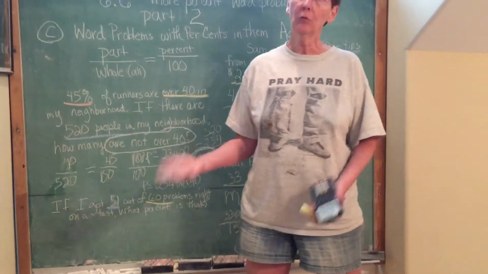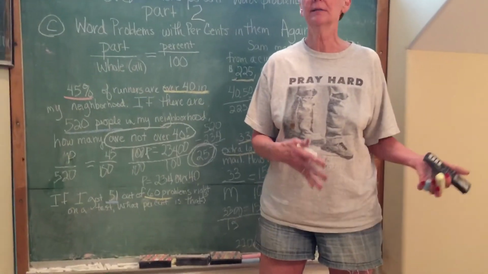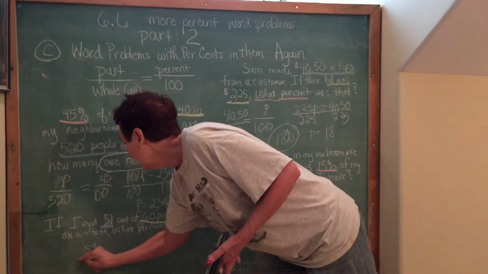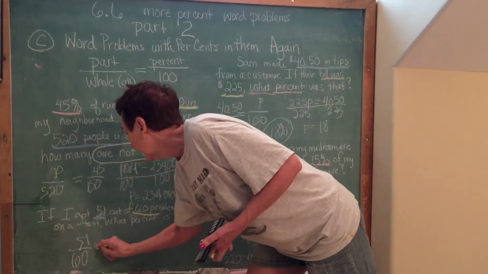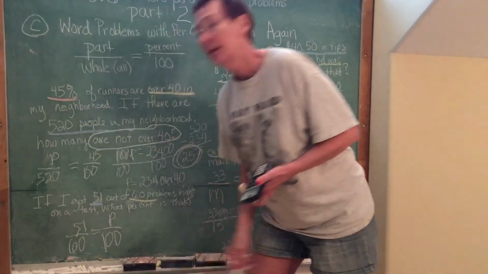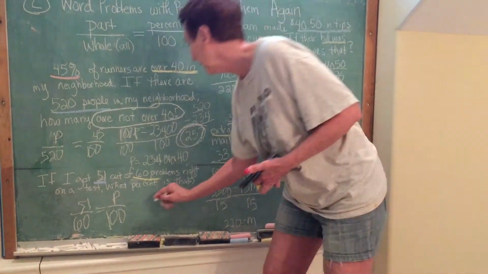How many I got right is obviously the part. How many questions were on the test is obviously the whole. So I'm going to put 51 over 60, and then I'm trying to find what my grade was out of 100. So you have 51 over 60 is equal to p over 100.